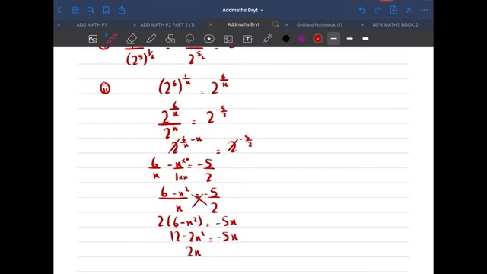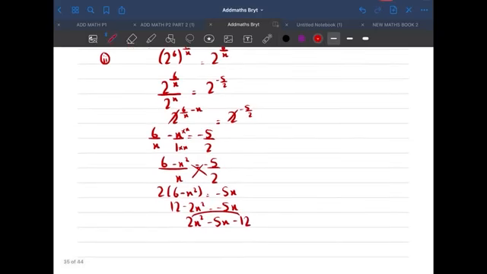Let's shift everything to the left hand side because 2x squared should be positive, right? Now 2 12s is what? 24. What are the factors of 24? 1 and 24 don't make 5. 2 and 12 don't make 5. 3 into 8, does it make 5? Yes.